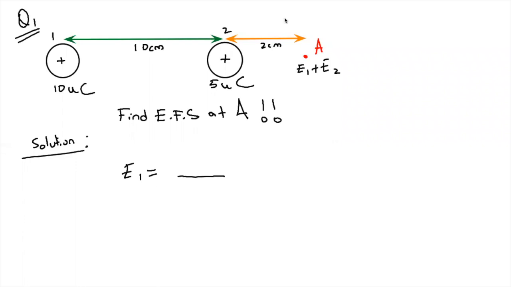Hey guys, what's the value for K? Yes, exactly. It's 9 into 10 raised to the power 9. The charge over here is 10 into 10 raised to the power minus 6. Why minus 6? Because that's just how we represent micro.